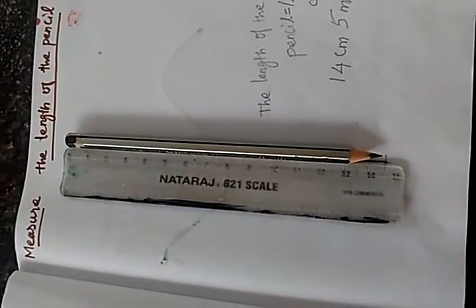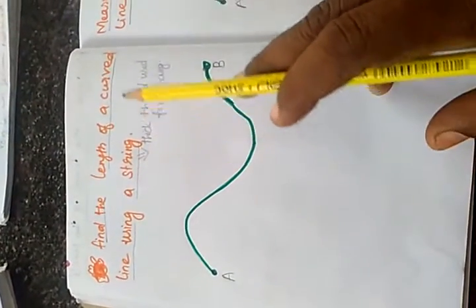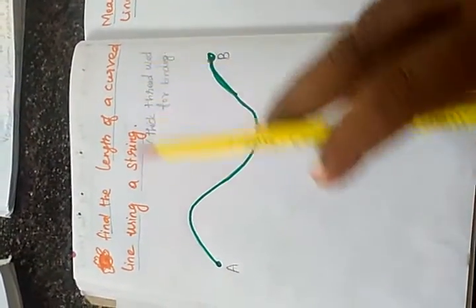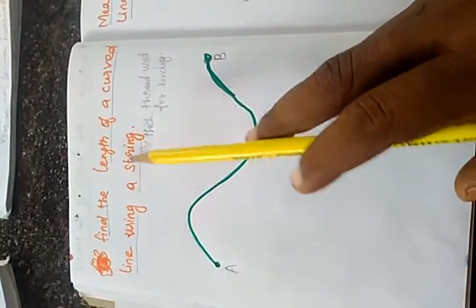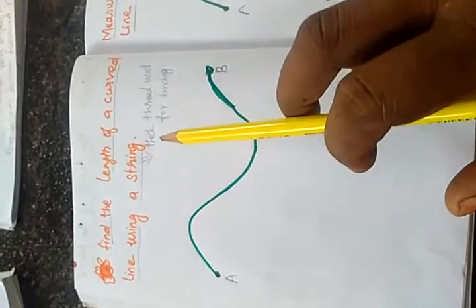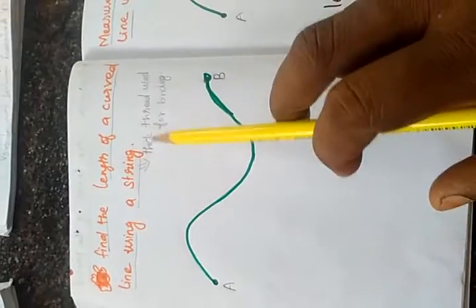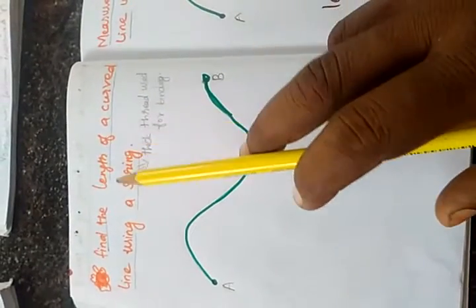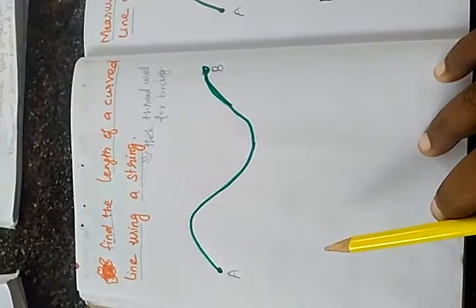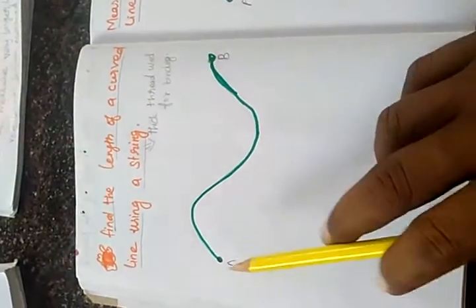Students, here is one activity. Find the length of a curved line using a string. What is a string? A thick thread used for binding. First we draw the curved line.